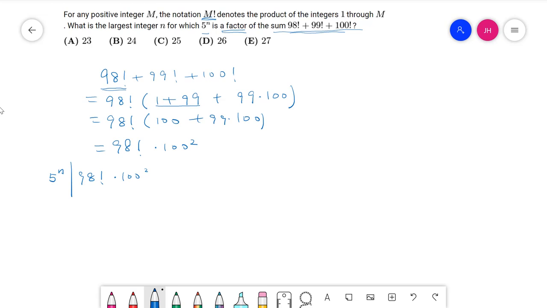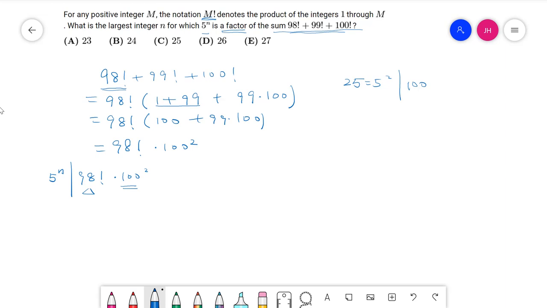So let's look at it from the easiest term. So this is certainly easier than this one, right? So for 100, we know that 25, which is 5 squared, is certainly a factor of 100, right? So is 5 cubed a factor of 100?